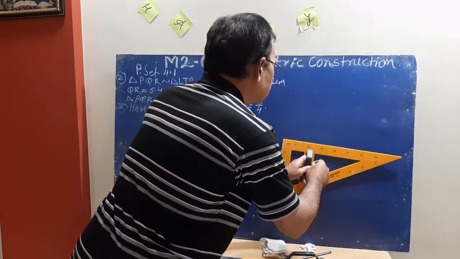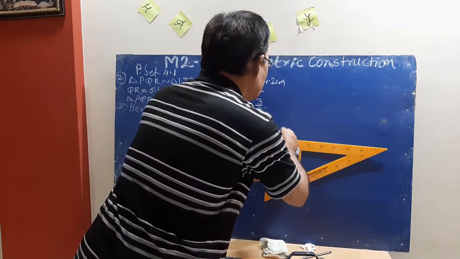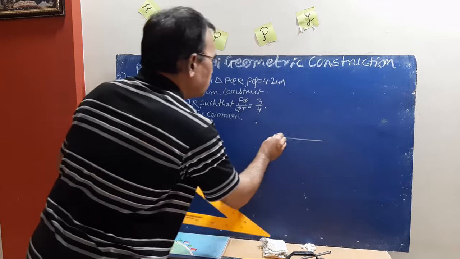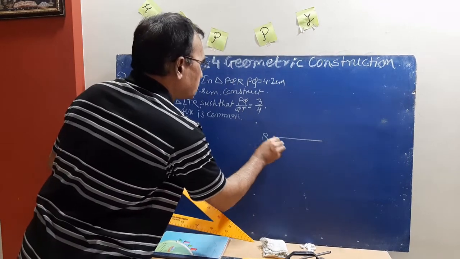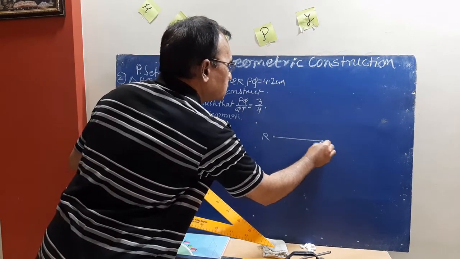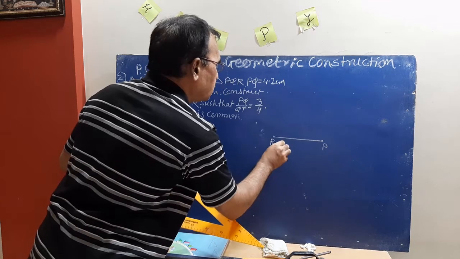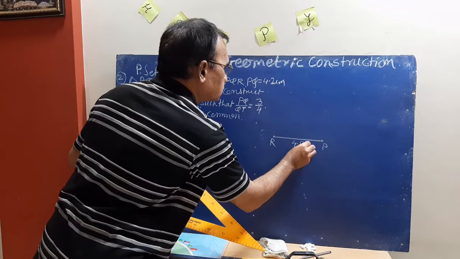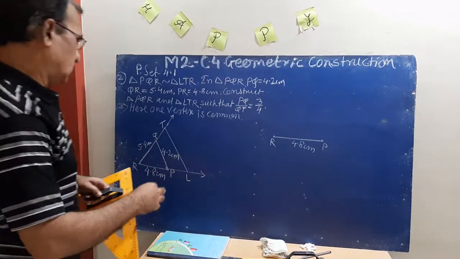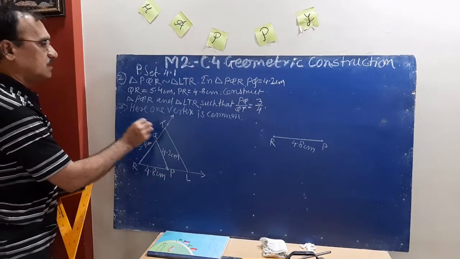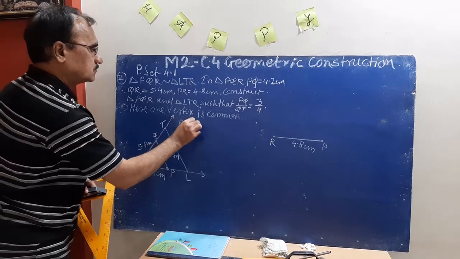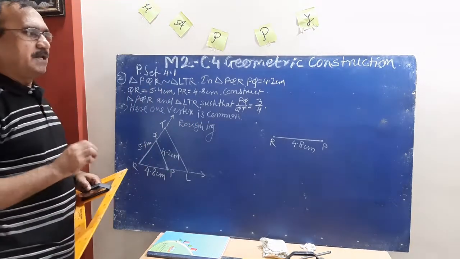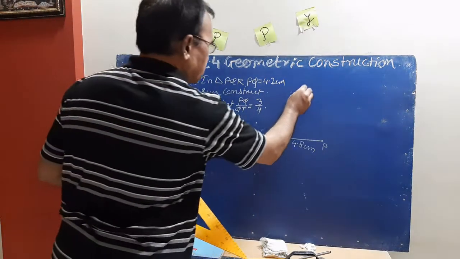Here this is RP, 4.8 cm. This is a rough figure, or analytical figure, and this is the construction.